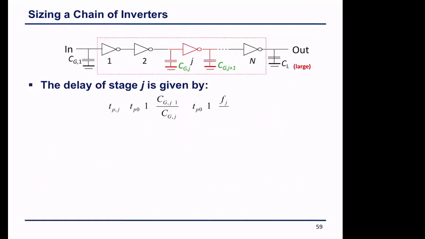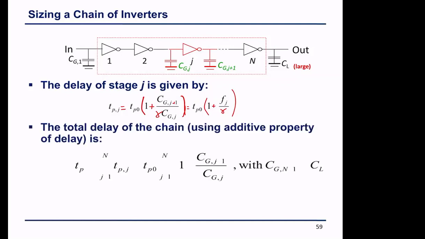So if I look at this stage, I'm going to find that the delay at stage J is equal to 1 plus CGJ plus 1 over gamma times my own CG, which is equal to TP0 times 1 plus FJ over gamma. What is FJ? It is the size of the next stage over my size.